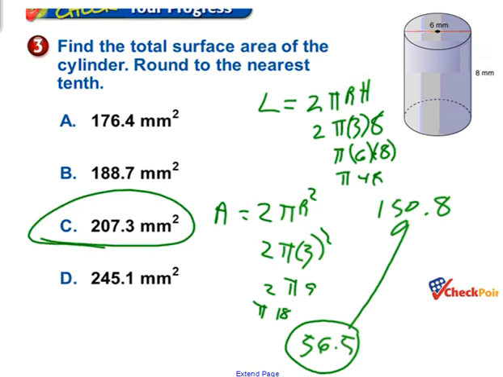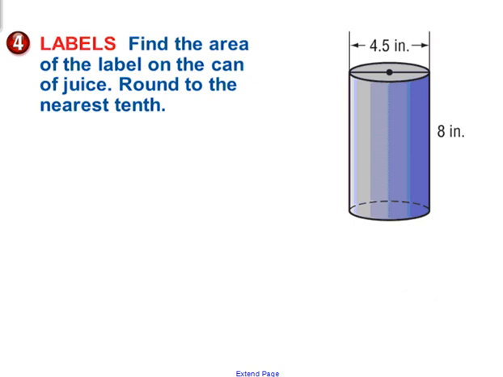Okay, let's continue on. Let's do another example. Find the area of the label on the can of juice, round to the nearest tenth. So they're just asking for the label on the can. The label on the can is the lateral area. So the lateral area here is equal to 2πr times the height.